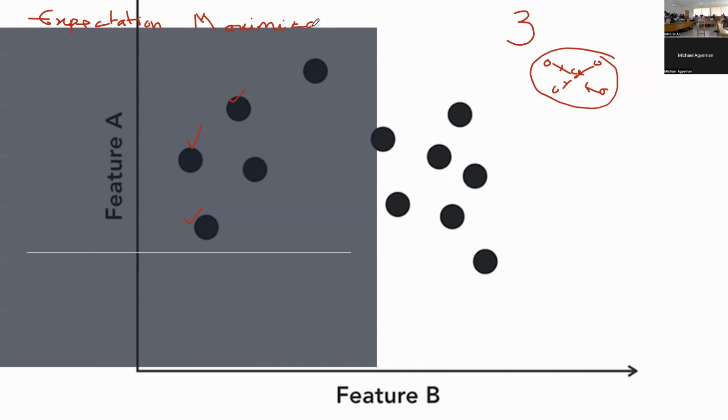Hopefully you can see that, so we have expectation maximization. Now it has to find a way to place these centroids among the data points, and the way to do that in the first instance is by random distribution.